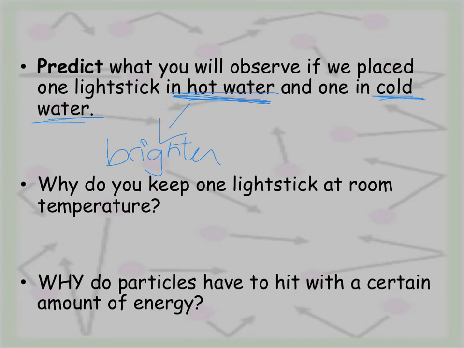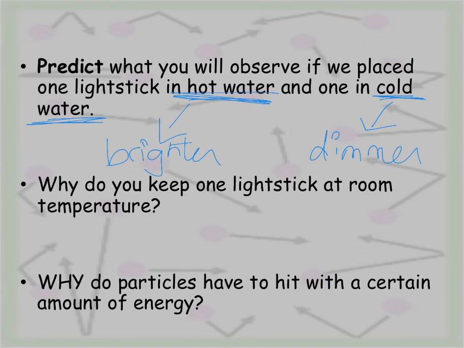Now the one in cold water, I don't know about you guys, but I used to put mine in the freezer when I got home because then it would still work the next day, right? So that's because putting it in cold makes your molecules slow down, and when they slow down, they collide less, they collide with less energy, and therefore it is very likely that they will not all react, okay?